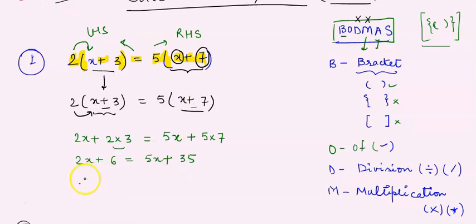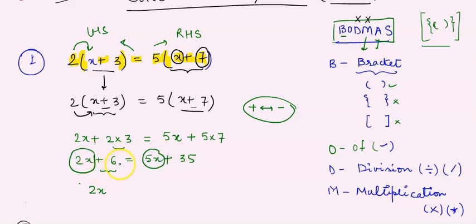Now in the previous video we talked about how a positive or negative sign going from right to left or left to right changes accordingly, positive to negative, right? So 2x stays as it is, and we are simply taking like terms to one side and unlike terms to the other. x terms are like terms.